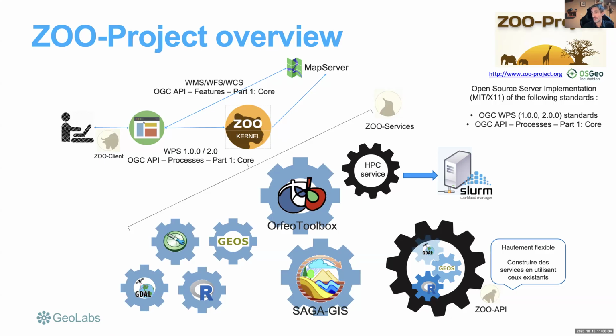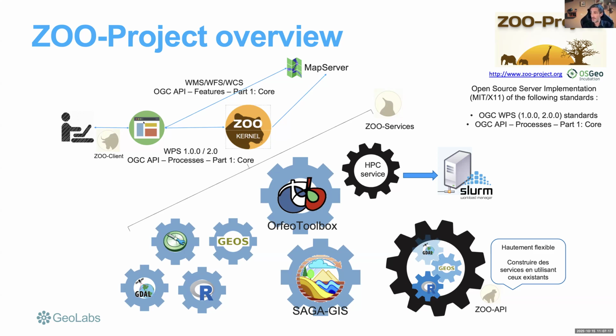Later, along the way of developing the ZOO project and ZOO services, we decided that it was not enough to support multiple programming languages, but we were also willing to support already existing application catalogs, such as Orfeo Toolbox and SAGA GIS, which are offering multiple and various GIS algorithms. Orfeo Toolbox is more focused on Earth observation, satellite imagery, while SAGA GIS is covering both vector data and raster data.